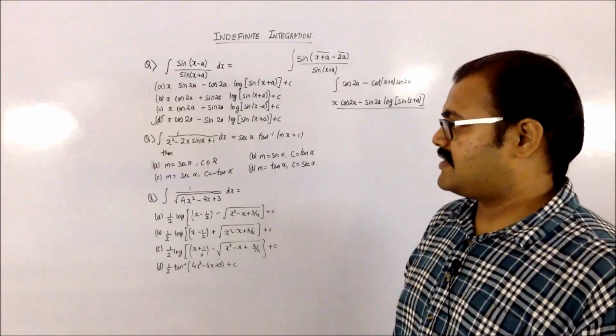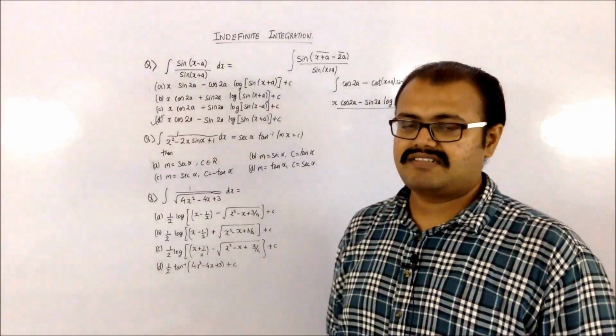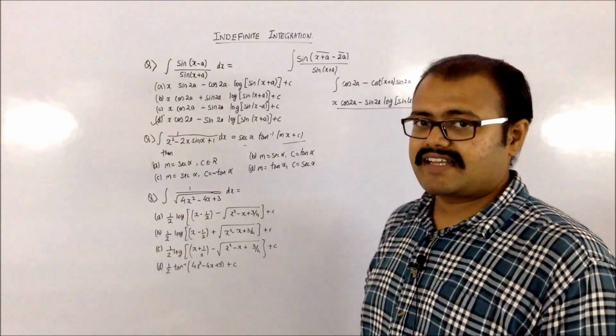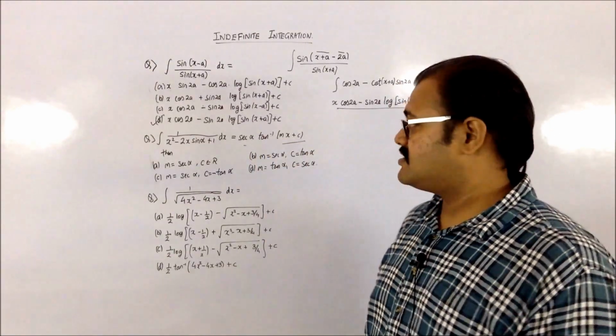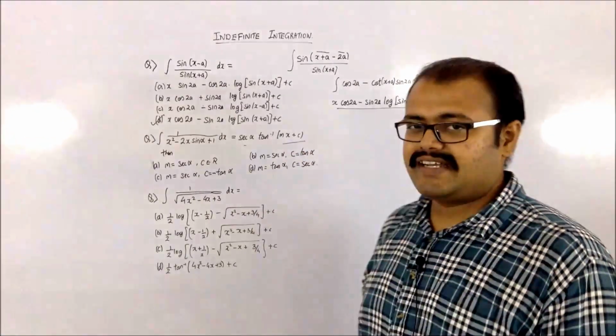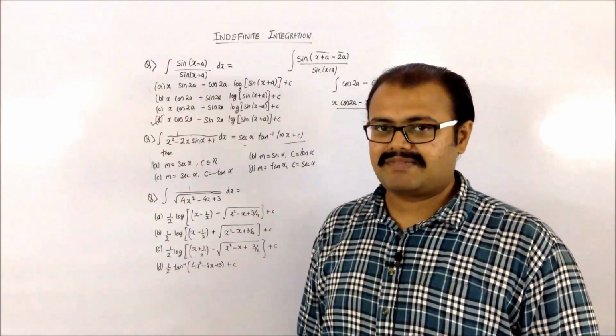Moving on to the next one, we have 1 upon x square minus 2x sine alpha plus 1, which is given to us as sec alpha into tan inverse of mx plus c. So in this case, you can find the derivative of this term and then compare it with that particular thing.